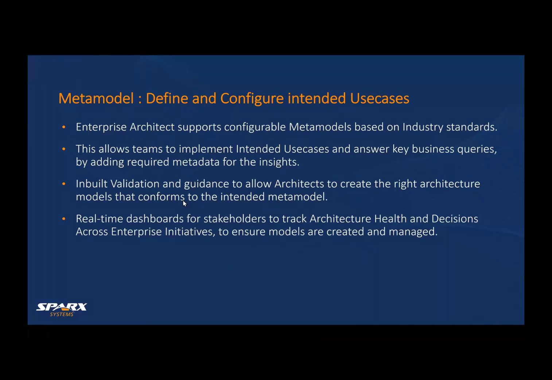Essentially, what we're doing is building a profile to conform to that meta model that you're agreeing on. And once that step is done, it adds inbuilt validation and almost, I would say, guidance to the architects to create the right kind of artifacts with the right attributes and specific types of connectors between those artifacts.